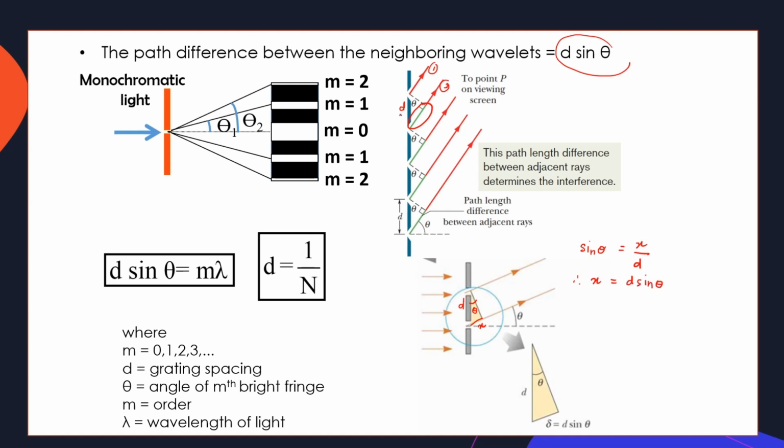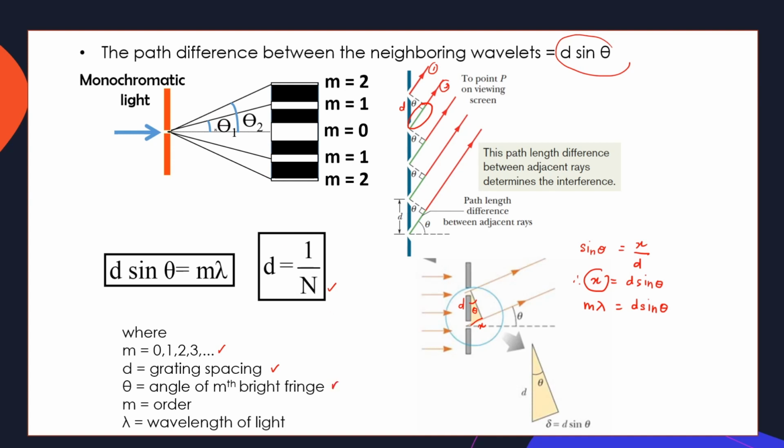For constructive interference to happen on the screen, the path difference is equal to m lambda, and it is equal to d sine theta. Here m is the order number, d is the grating spacing, which is equal to 1 over n, and theta is the angle of the m-th bright fringe.